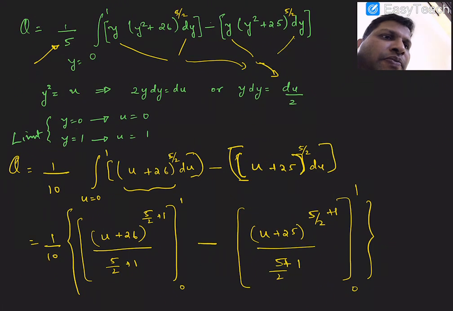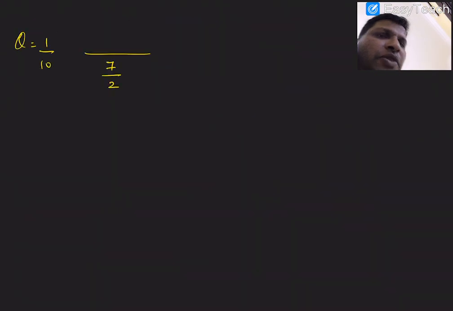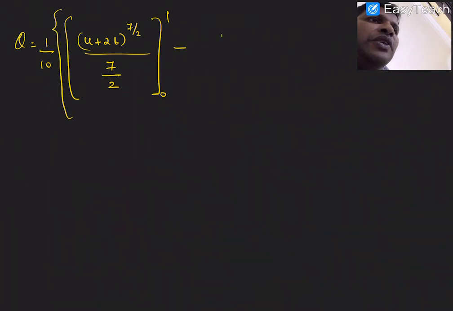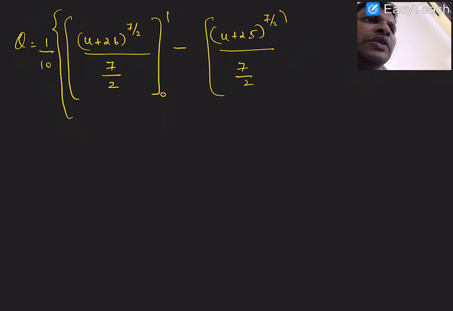So if I put the limit, we use (u plus 26) whole power 7 over 2, then this becomes 0 to 1 minus, okay, (u plus 25) whole power 7 over 2 divided by 7 over 2, then the limit is from 0 to 1, okay.